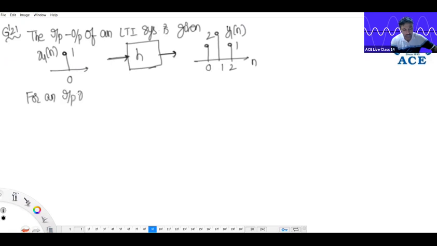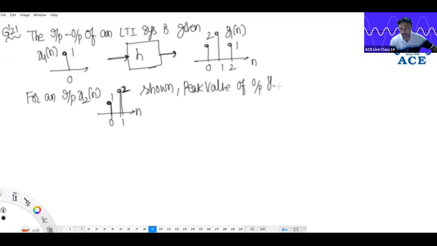For an input x2[n], when you apply this as the second input, what is the peak value of output y2[n] when passed through H, that is, through the system? What is the maximum value of output when you apply this as input to the system?